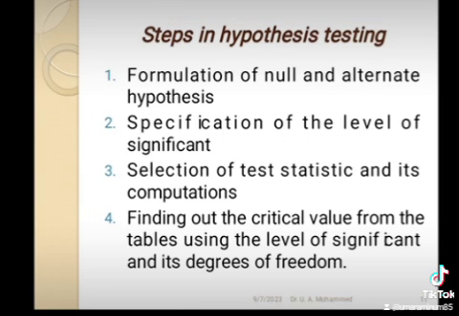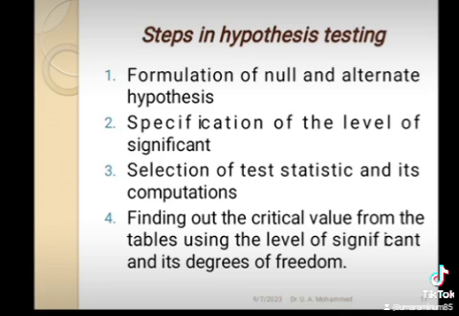Now, there are steps in testing hypothesis. The first thing you do is formulate a null hypothesis and an alternative hypothesis. Then you specify the level of significance: 0.05, that's 95% confidence level, or 0.10, 90% confidence level. Then select the test statistic and its computation. Is it chi-square, t-test, correlation, regression, analysis of variance?